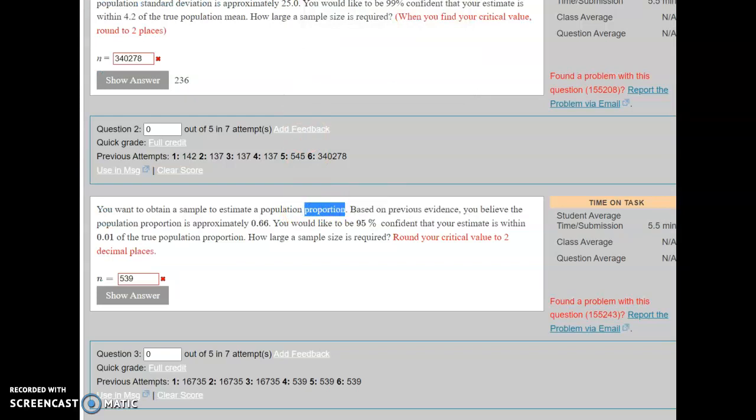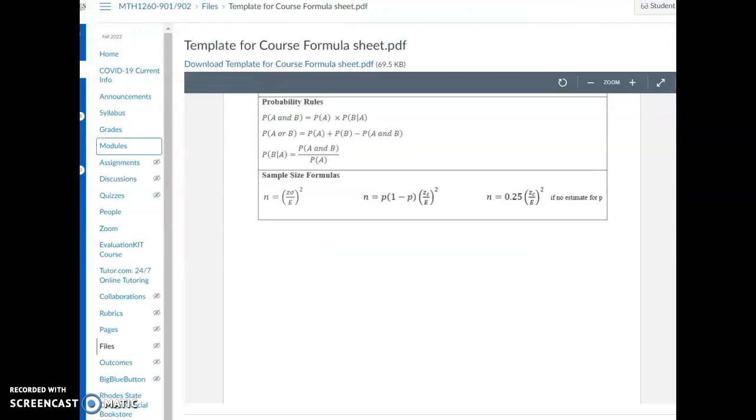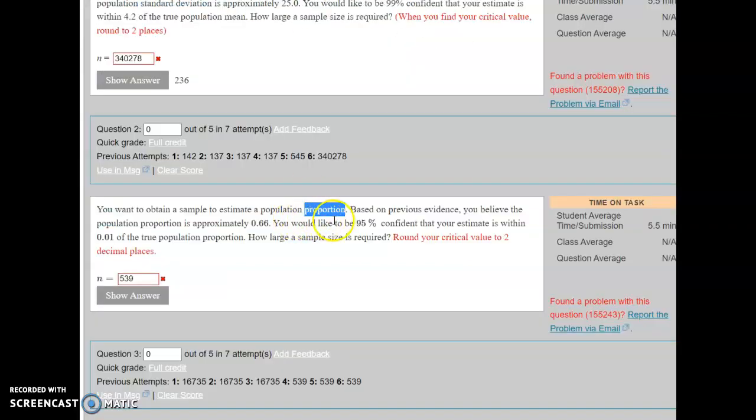Proportion means one of these two. Based on a previous study that somebody else did, they think that the proportion is 0.66. In other words, they're giving you a P.